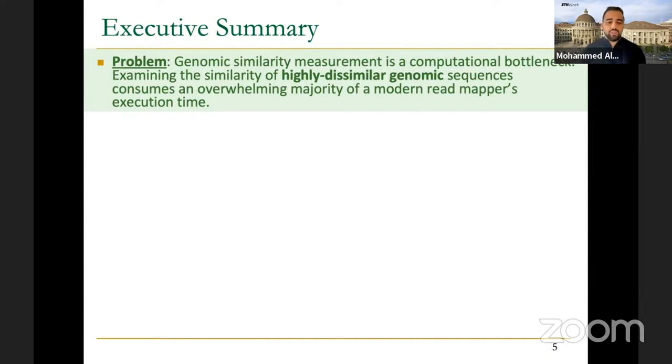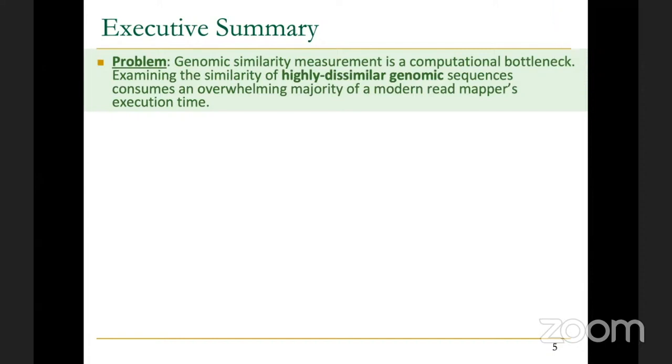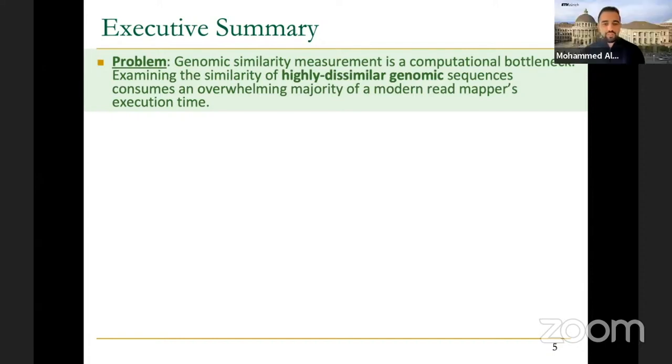However, there is always a threshold. So there is always a number of errors that you can tolerate or you need to tolerate. And we leverage this information so that whenever two sequences have too many differences exceeding that threshold, then let's not use this expensive algorithm for these particular genomic sequences.